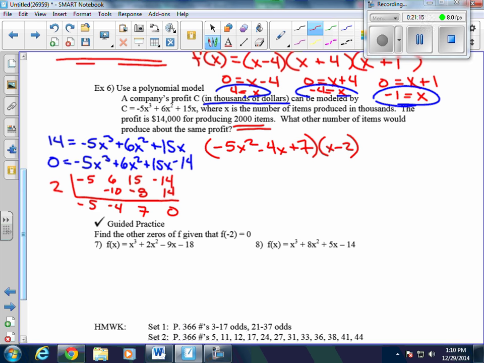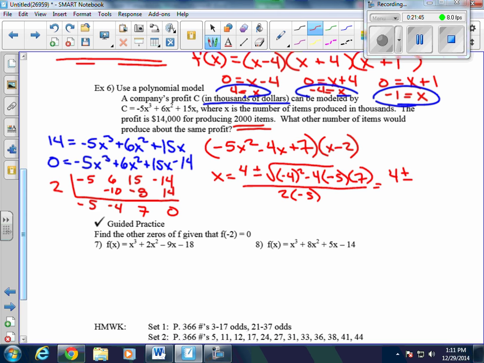So what are we going to do if we have a trinomial that doesn't factor and that it's a quadratic? We're going to have to use the quadratic formula. So we're going to say x equals negative b, which is 4, plus or minus the square root of b squared, so negative 4 squared, minus 4 times a times c, over 2 times a.